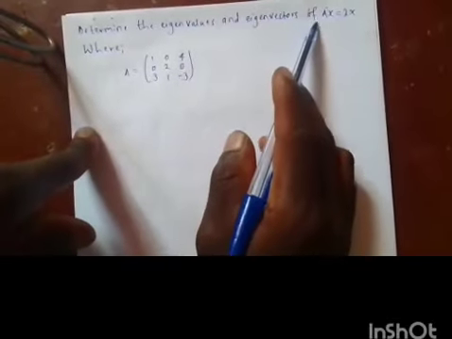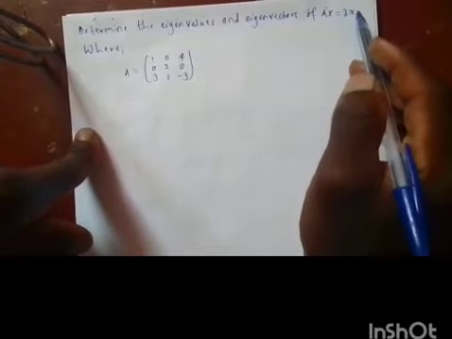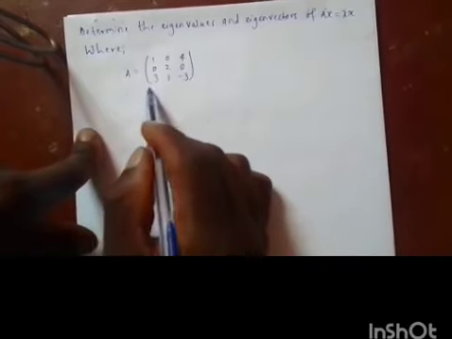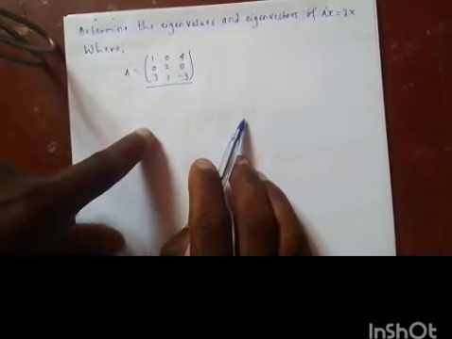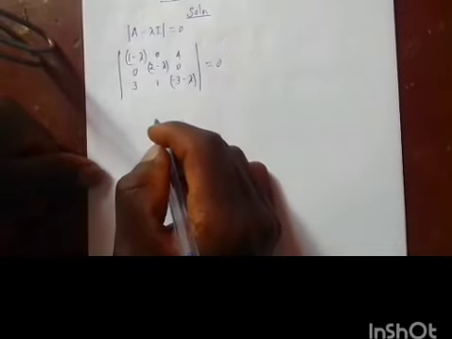So we want now to look at a 3 by 3 matrix. Yes, so see this example. Determine the eigenvalues and eigenvectors of Ax equals lambda x, where A is this matrix. So the first step is for us to write the characteristic equation. We want to calculate the determinant of this matrix.